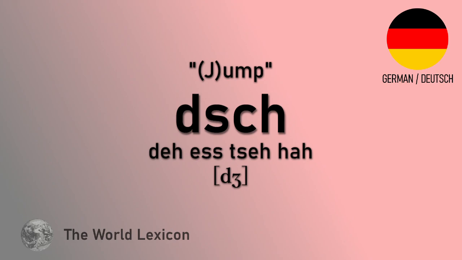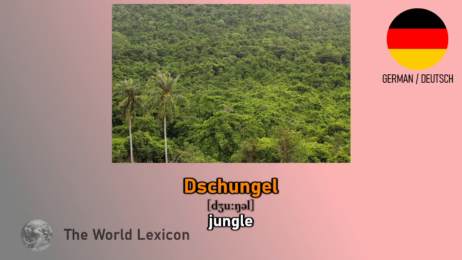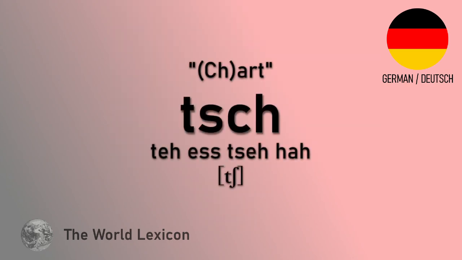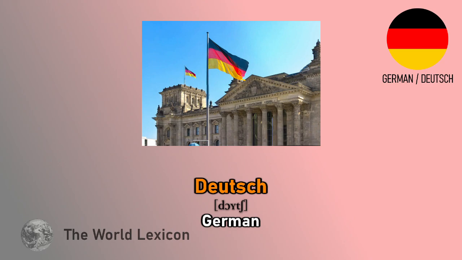It's a lot like the English J. It's only used in loanwords though. Dschungel. This is TSCH. This is more like the English CH. Deutsch.